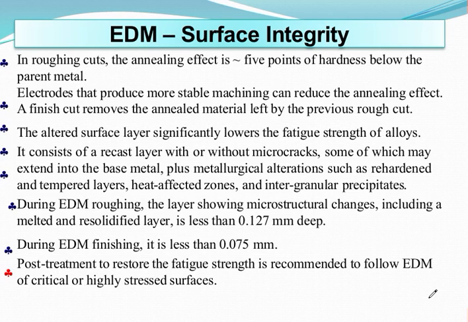Metallurgical alterations such as hardening and tempered layer, heat affected zone and intergranular precipitates occur, and during EDM roughing, the layer showing microstructural changes, including a melted and resolidified layer, is less than 0.127 mm deep. During EDM finishing, it is less than 0.075 mm, and post-treatment to restore the fatigue strength is recommended to follow EDM of a critical or highly stressed surface too.